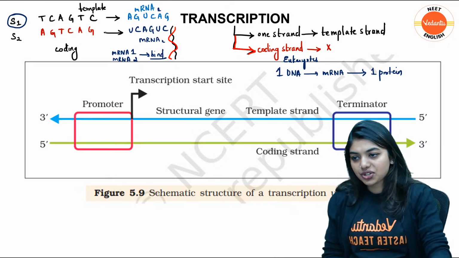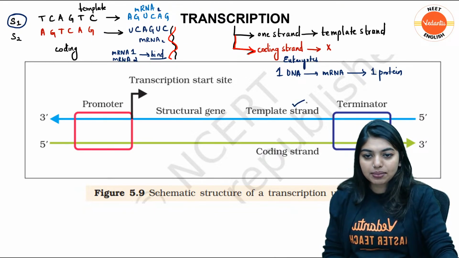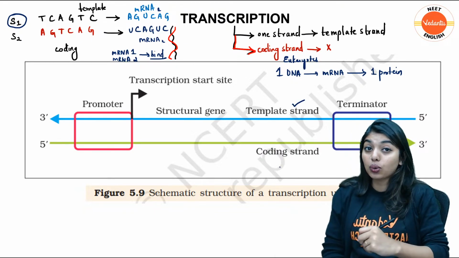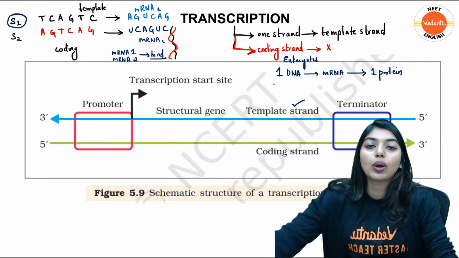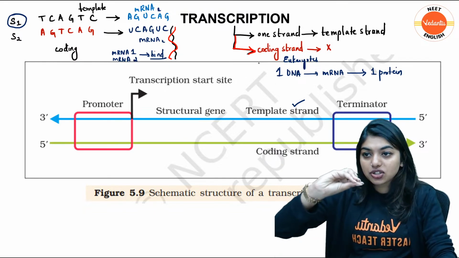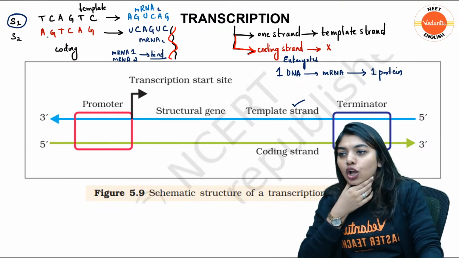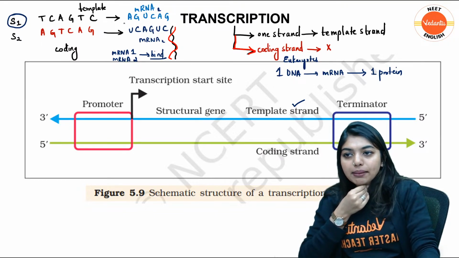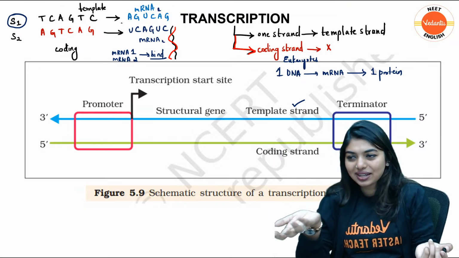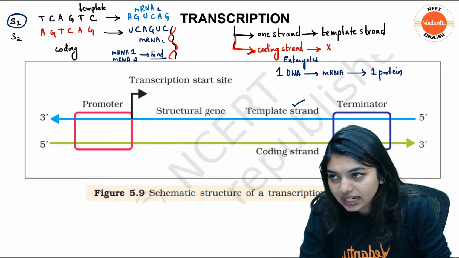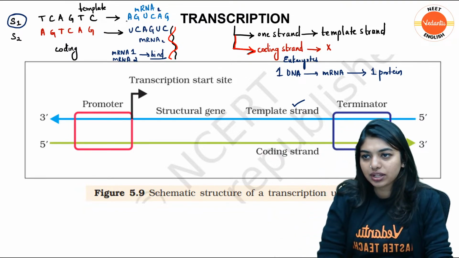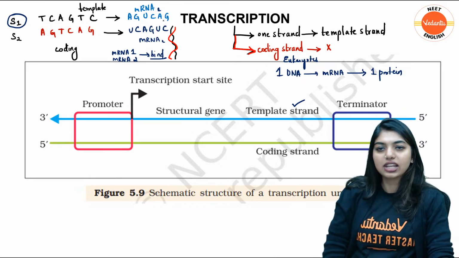We are only using one strand. And the strand we use is called the template strand, and the strand we do not use is the coding strand. But you have to remember one thing about the coding strand. Coding strand and the mRNA. See, if you look here, students, coding strand and the formed mRNA will be the same. What did I say? Coding strand AGTCAG, look here, AGUCAG. Same thing, no?